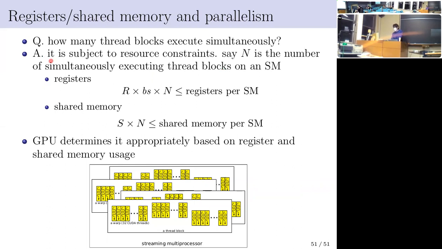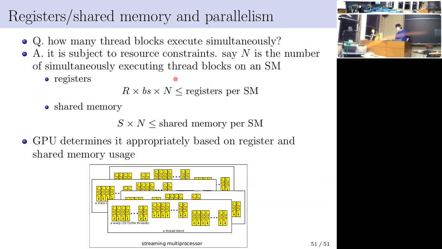It is actually determined by the resource constraints of the streaming multiprocessor. Let's say you are executing n thread blocks. Then you need to have this number of registers while these n thread blocks are simultaneously executing: R, the number of registers each thread consumes, multiplied by BS, the number of threads in each thread block, multiplied by n, the number of simultaneously running thread blocks.